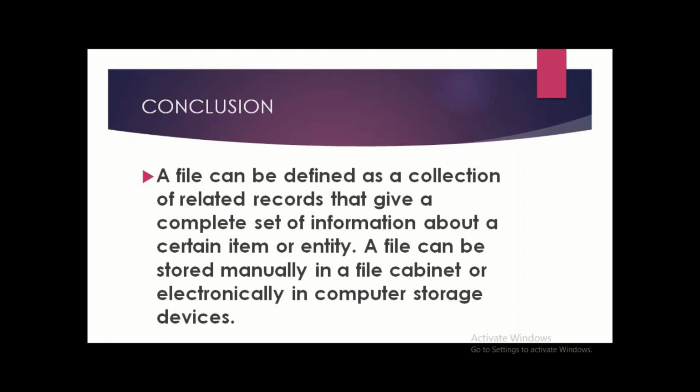It can be stored manually in a file cabinet or electronically in computer storage. That is a manual file, and when we store a file electronically, it's called a computer file.